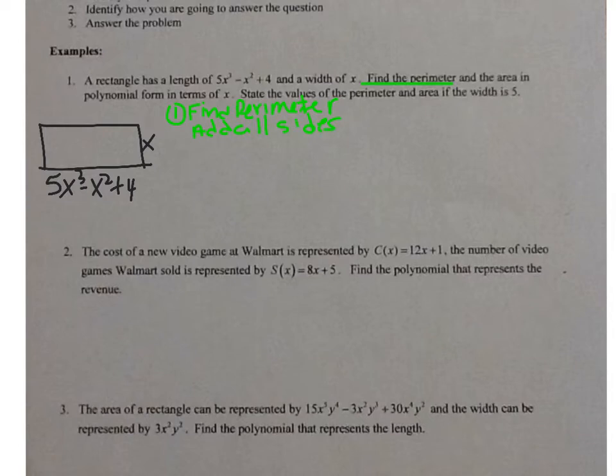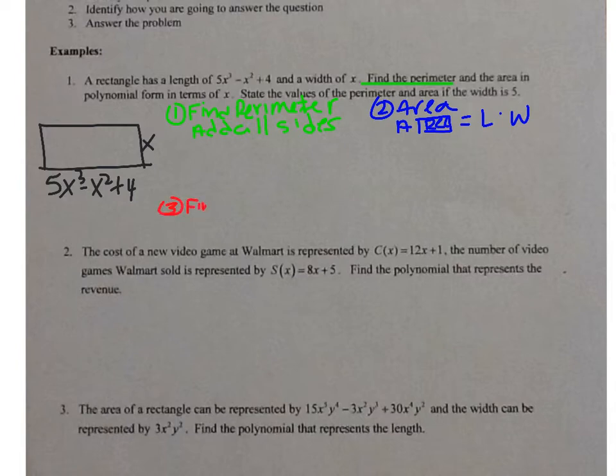Another thing we need to find, number 2, is the area. And for a rectangle, area of a rectangle is length times width. And one of the other things that we have to do in the end is find the perimeter if we know x is equal to 5. So I'm going to put this down here.